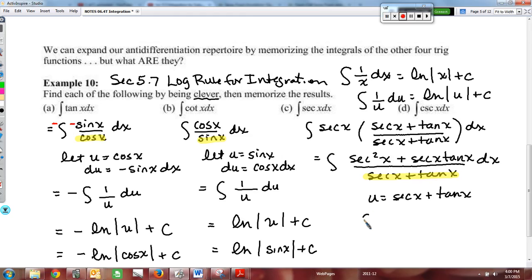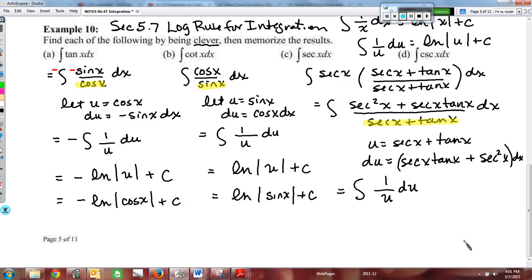And you will see very nicely the derivative of secant is secant tangent, and the derivative of tangent is secant squared. And of course this is all times dx. And if you compare this to my numerator, we go, hey, yay! That means that the bottom is my u, and the top plus the dx gave me the du. So I have turned this into the log rule integration.